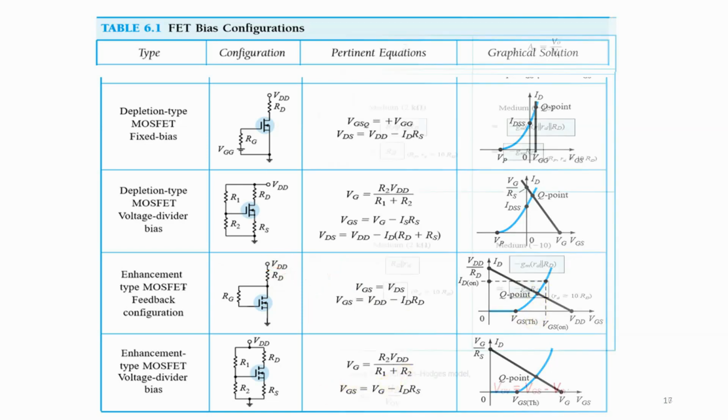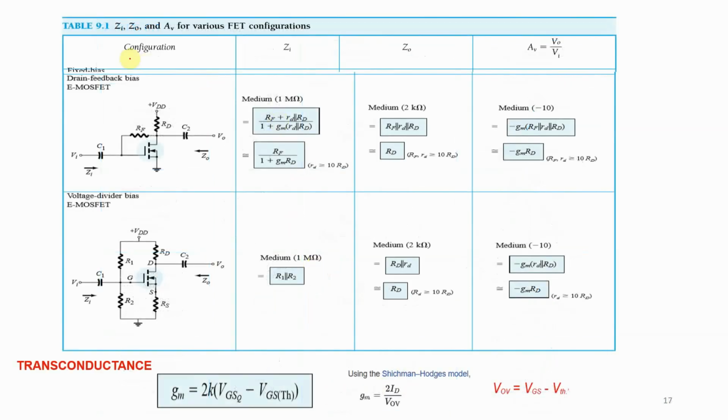So let us go to the input impedance, output impedance, and the gain. This is the enhancement MOSFET drain feedback. The input impedance will be equal to RF over 1 plus gm RD, the simplified equation, considering that RF is greater than or equal to 10 RD.